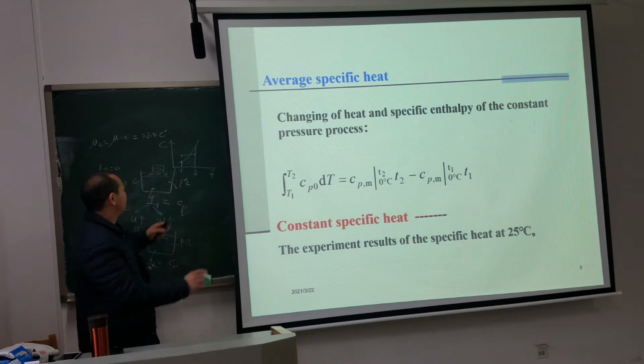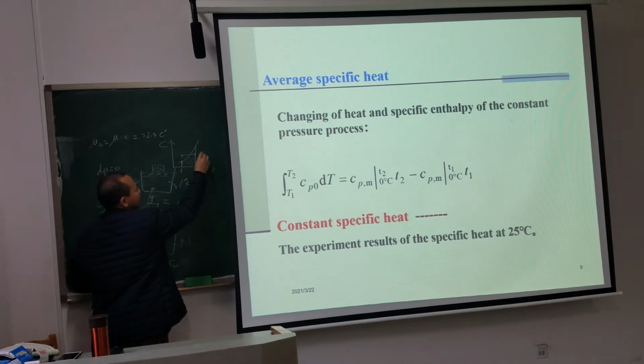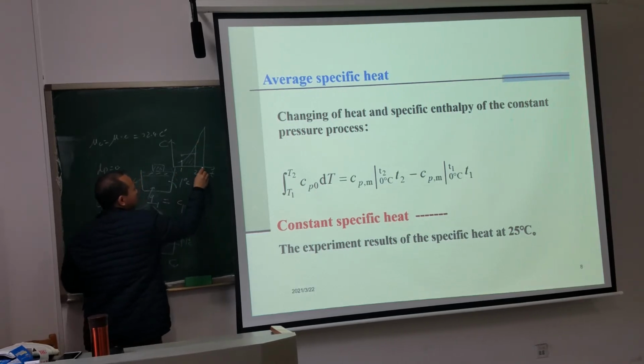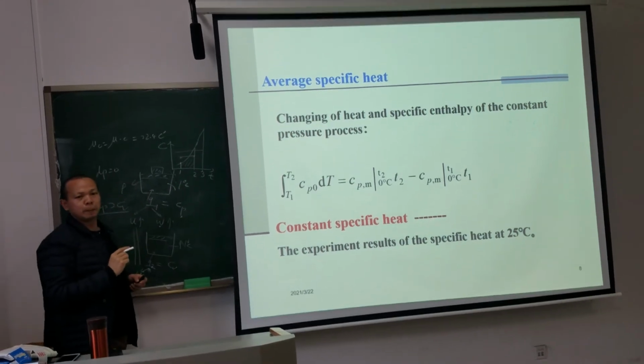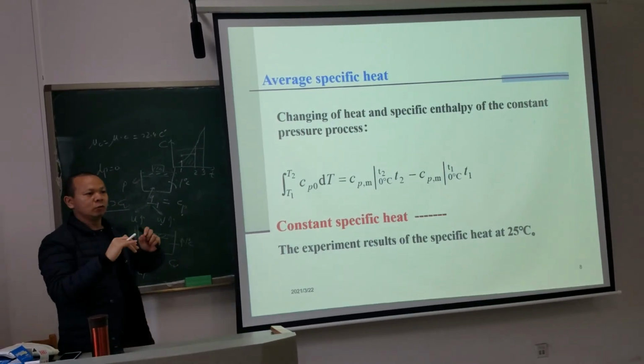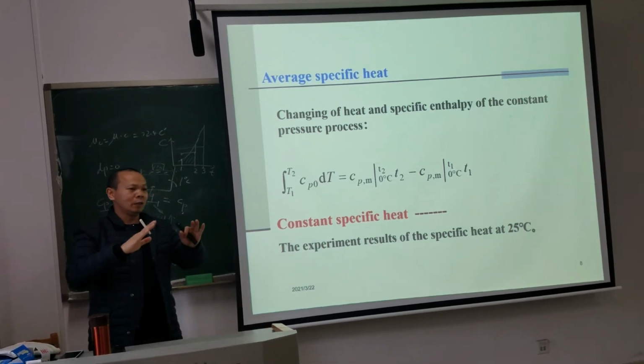We know the average specific heat is still related to the temperature. For example, if we change T2 to T3, the average specific heat will change. But do you remember when we were quite young?